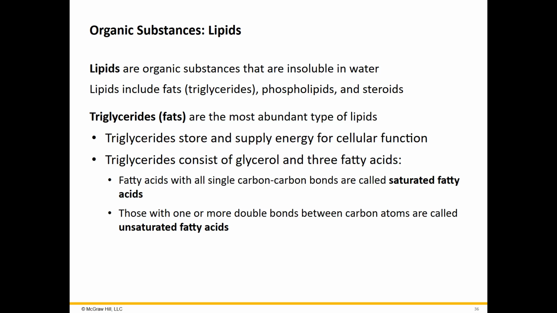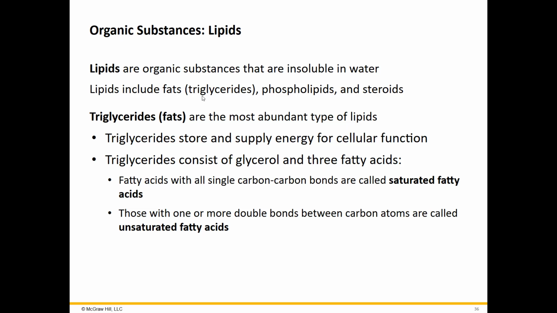Okay, so lipids, another term for it is fat, specifically triacylglycerides or triglycerides. Again, there are a couple forms. There are triglycerides, sometimes called triacylglycerides.